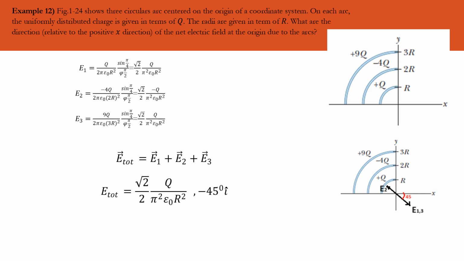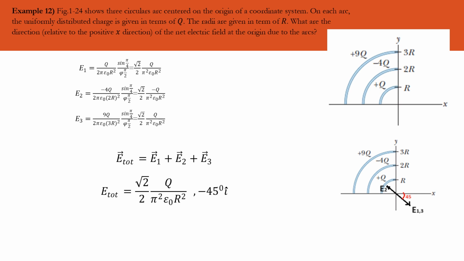In the denominator, phi itself is half pi. So the final answer for E1 is this term: sine pi over 4, and the constants. In fact, our last answer is represented in terms of epsilon 0, q, pi, and r.